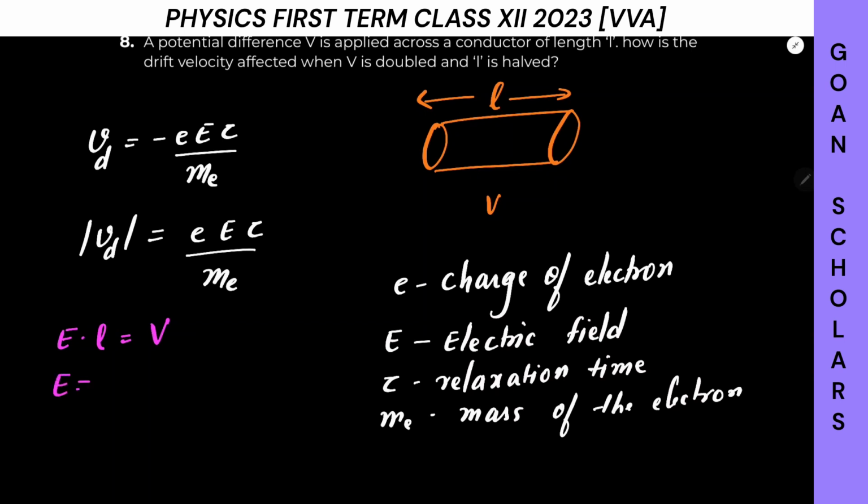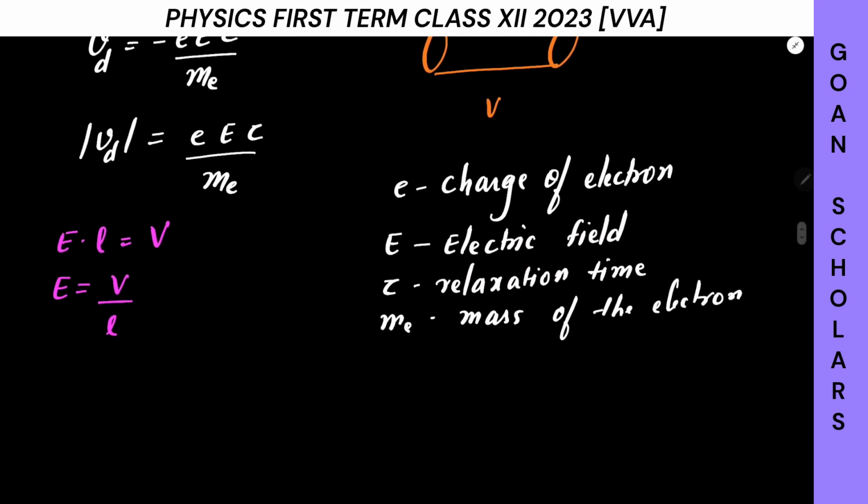So E will be equal to V by L. Let's substitute here in our drift velocity. So Vd will be equal to E tau by Me, and in place of capital E, the electric field, I am putting V by L. Correct? This will be our formula.